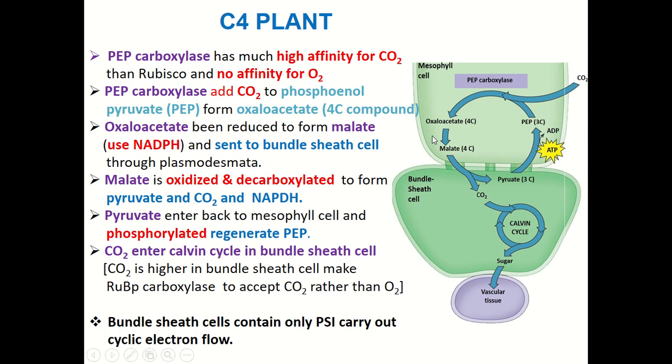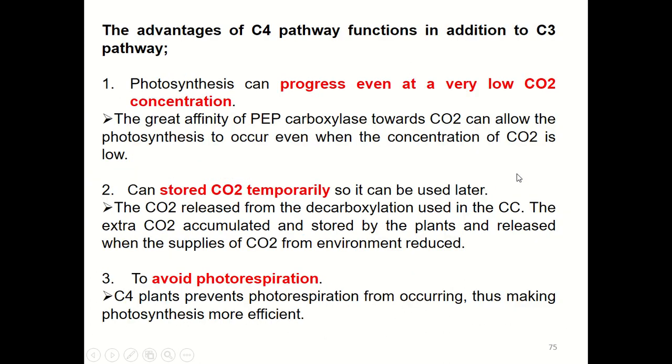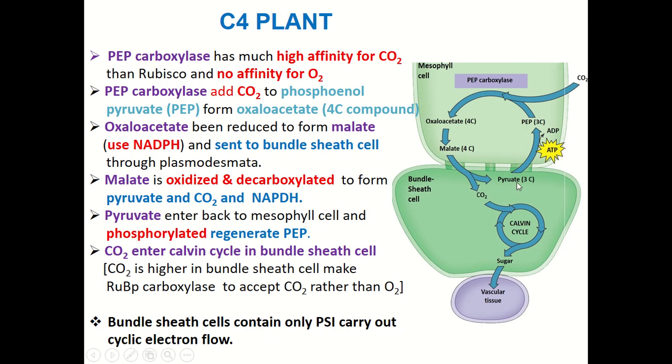Then oxaloacetate will be reduced to form malate, in which they will use NADPH that is produced during the light reaction, and then the malate will be sent to the bundle sheath cell through the plasmodesmata. The malate will later be oxidized and decarboxylated to form pyruvate over here, and also 1 molecule of carbon dioxide.